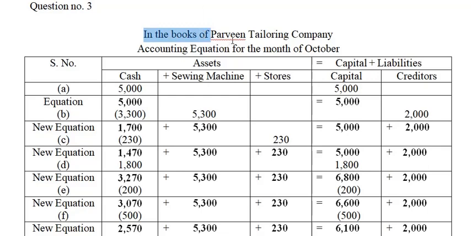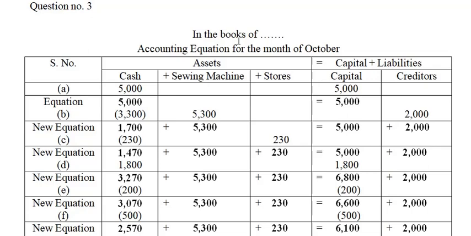If the name of a company or organization is not mentioned in the question, you can simply place dot dot dot.